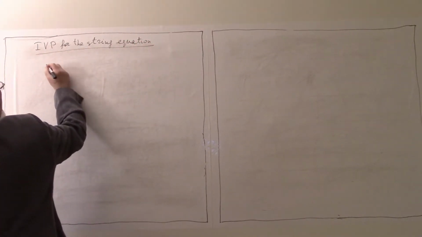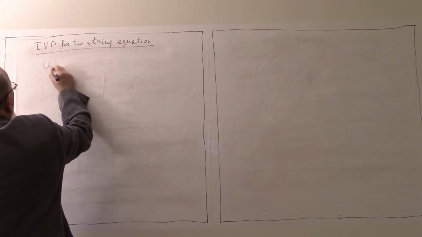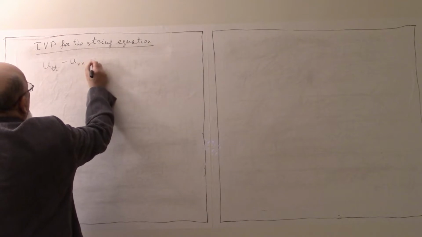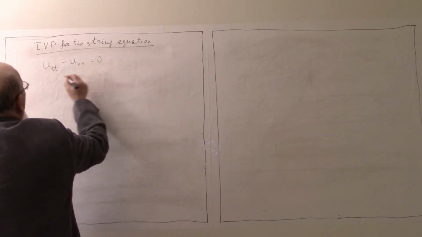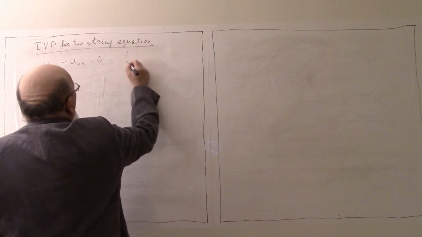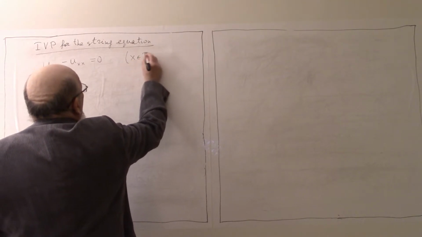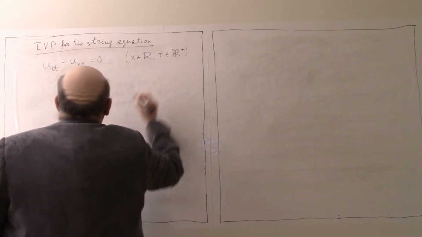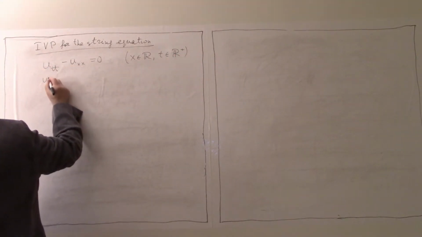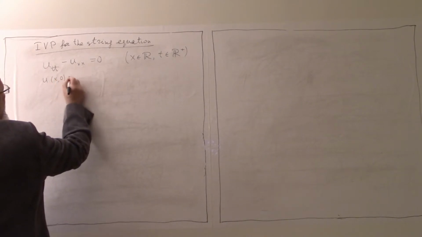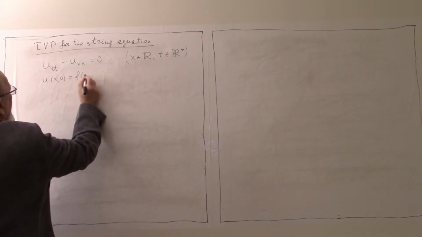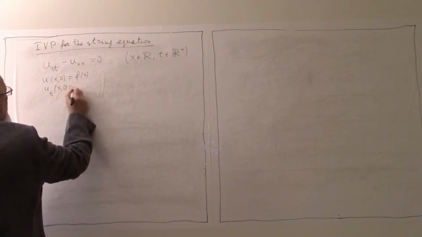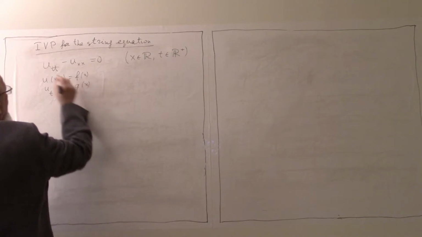So the string equation u_tt minus u_xx equals 0 on the whole line, with u(x,0) equals f(x), u_t(x,0) equals g(x).